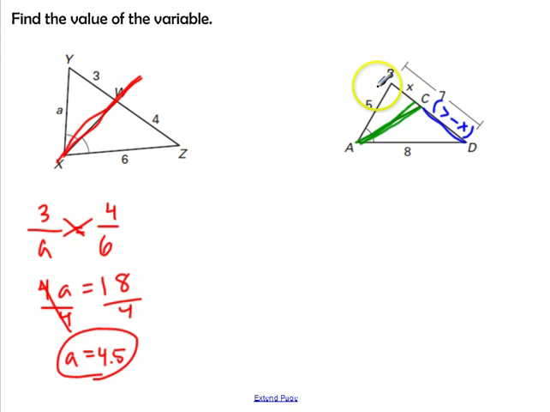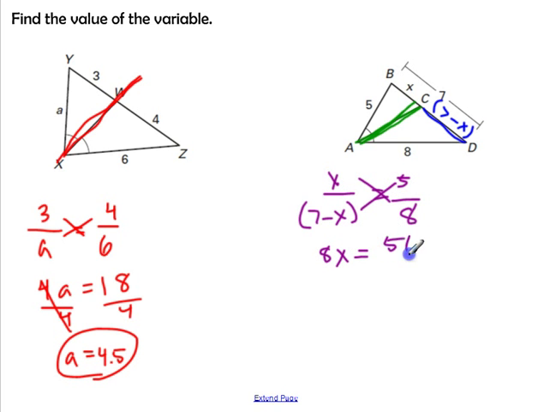So this one I'll set up in the other way that I showed you in the theorem. The two parts that get cut off, x over 7 minus x, is equal to this side 5 over 8. And remember, expressions always need to be in parentheses before we cross multiply, because once you get 8x equal to 5 times 7 minus x, we're going to need to distribute.